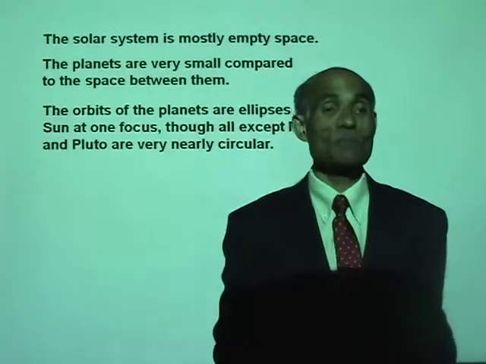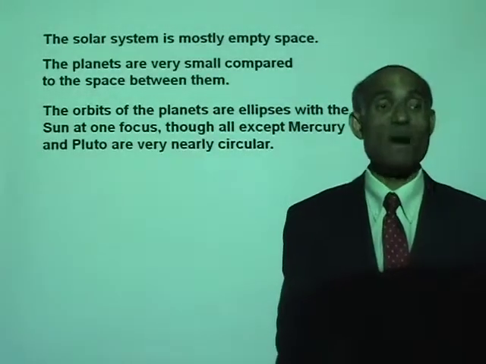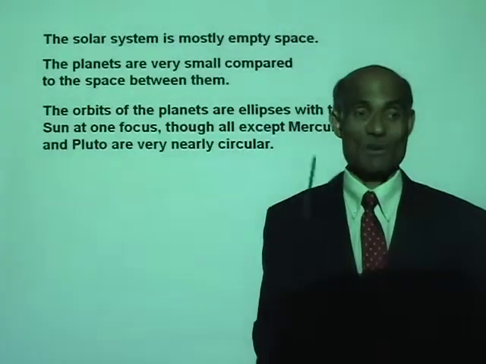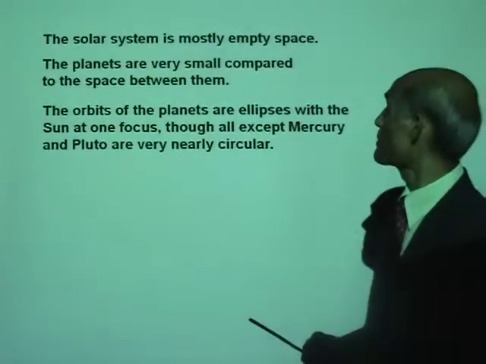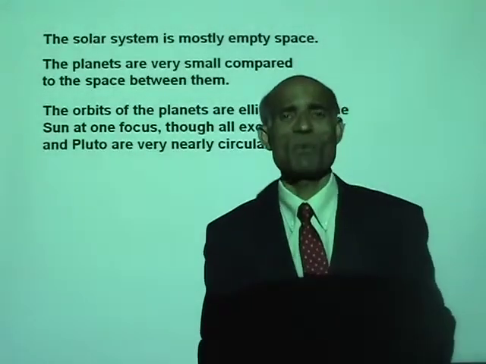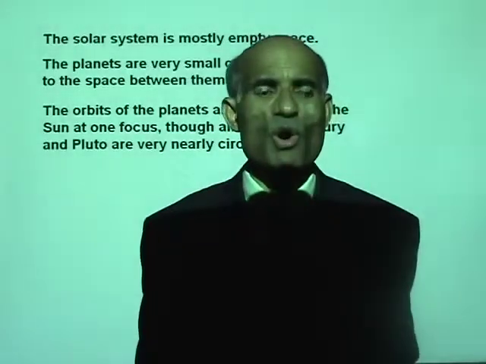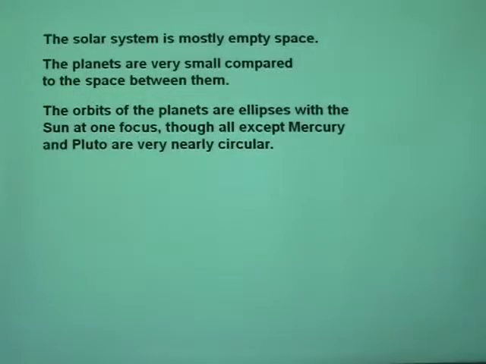The orbits of the planets are ellipses with the sun at one focus, though all except Mercury and Pluto are very nearly circular. Now, what is an elliptical orbit? Let me show you how an ellipse looks.